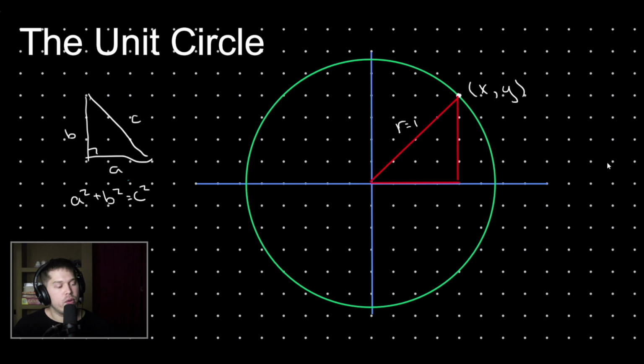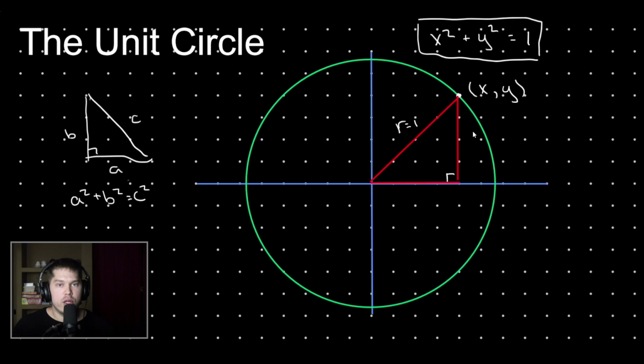Here in red, we have a right triangle with some base length x and some height y. So we know that x squared plus y squared is going to be equal to our hypotenuse squared. Our hypotenuse is 1, and 1 squared is simply just 1. Therefore, the equation for our unit circle is x squared plus y squared equals 1.